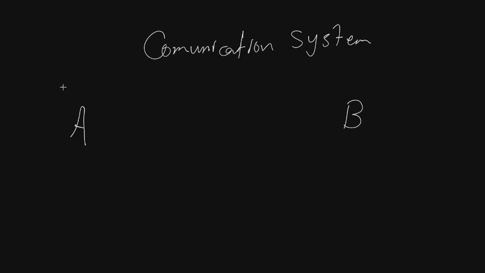Device A sends, so it is called TX, the transmitter. Device B receives, so it's the receiver or RX. This is the sender, and this is the receiver.